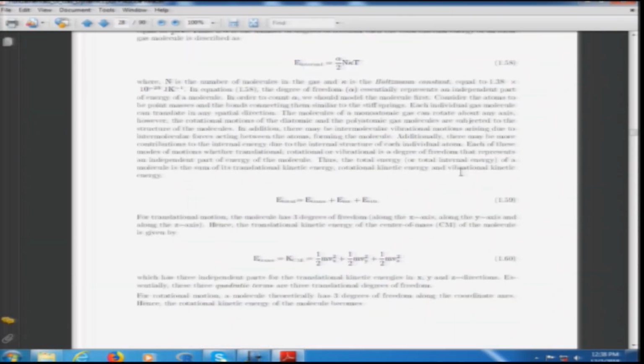It is said that for any quadratic term, let's say the molecule is performing a translational motion, the translational kinetic energy can be written as E translational equal to 1 by 2 m vx square plus 1 by 2 m vy square plus 1 by 2 m vz square. What we see here is a quadratic term.